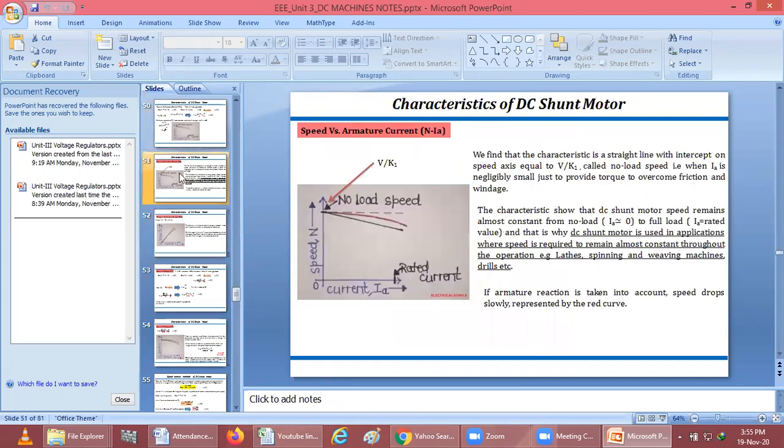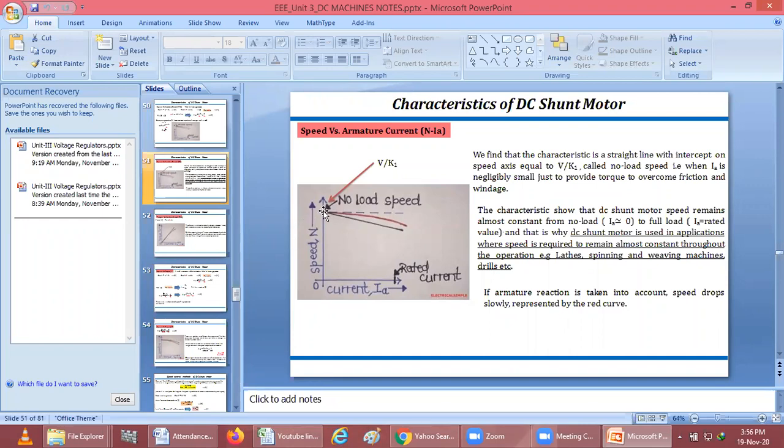I have drawn the same graph and written here the explanation of how speed is related with the armature current. If you see the characteristics of the DC shunt motor, it looks like a straight line because you are getting that equation in the form of slope. So it is a straight line with intercept on the speed axis equal to V upon K1, called no load.